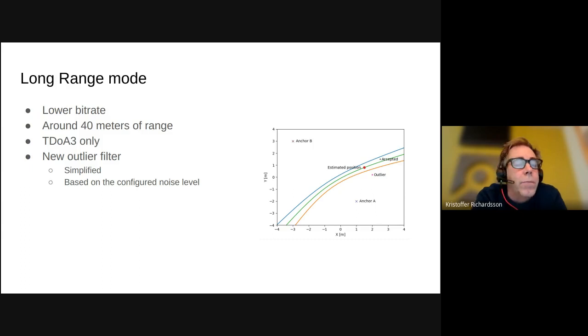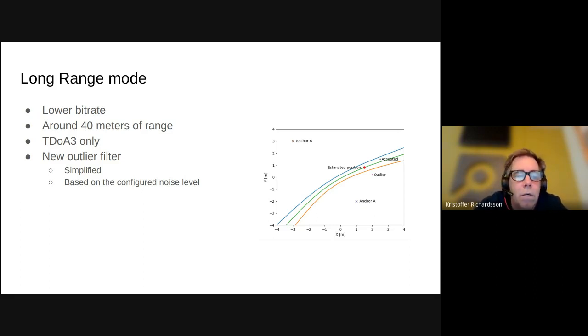And the solution is basically that we have lowered the bit rate of the radio, which makes it reach longer. This is only supported in TDOA 3, but the solution is pretty straightforward. The problem that occurred was that the timing in the system changes because it takes a longer time to transmit the packets because they are using a lower bit rate.